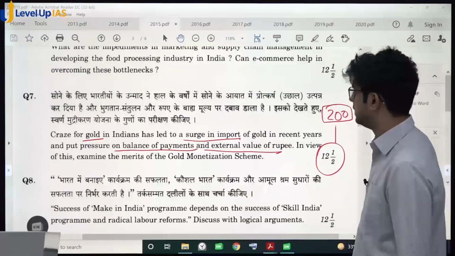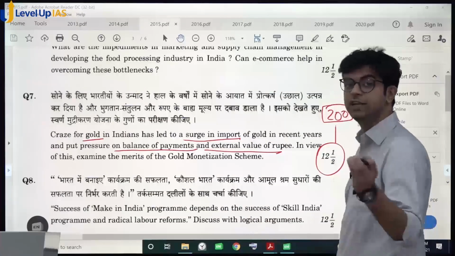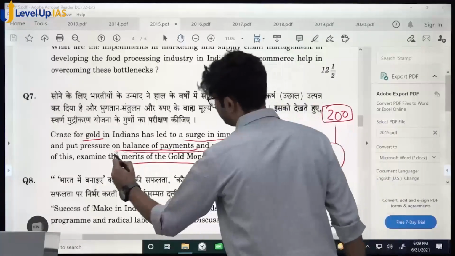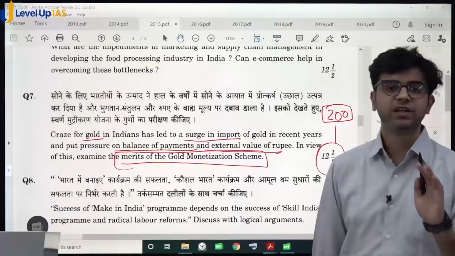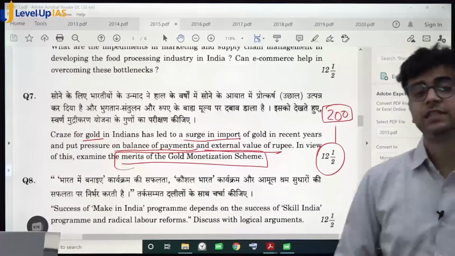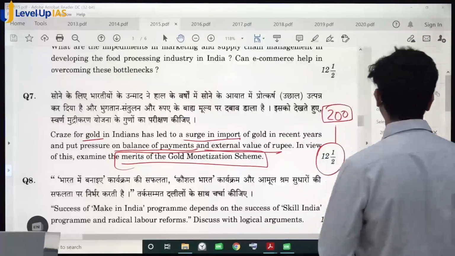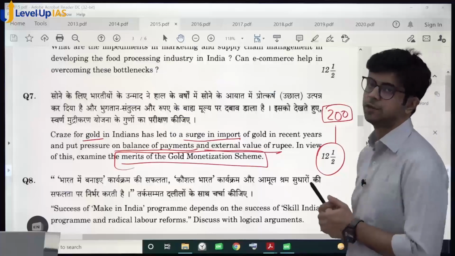In view of this, finally what they have asked. Now tell me how many parts to this question. Okay, before that, which syllabus point? Yes, friends, which syllabus point? Tell me. Which syllabus point is this coming from?